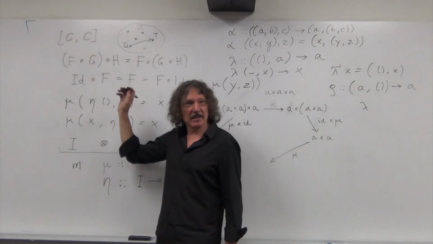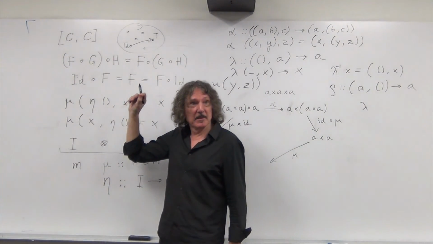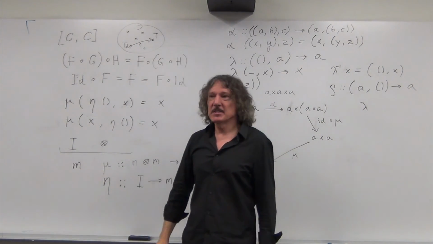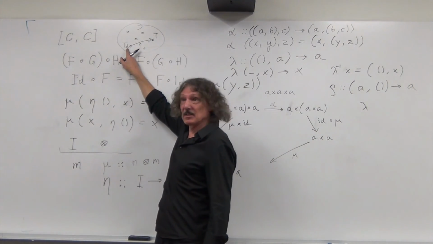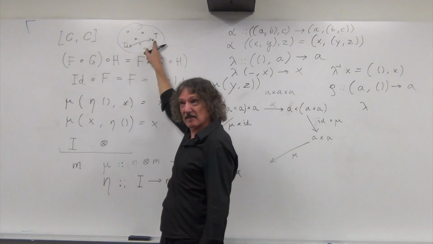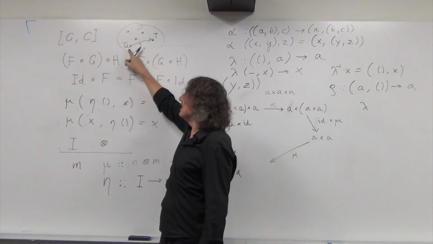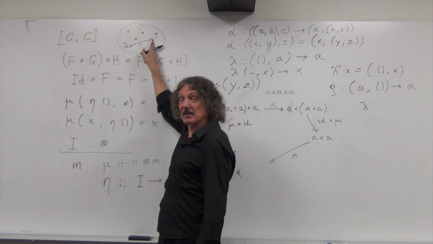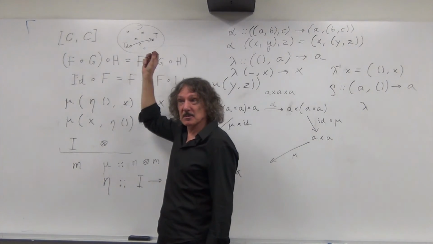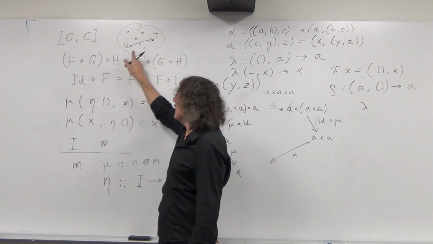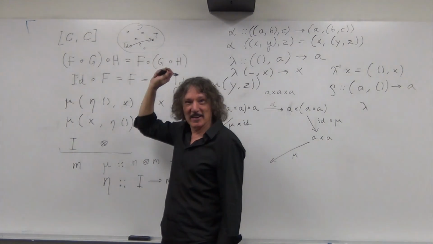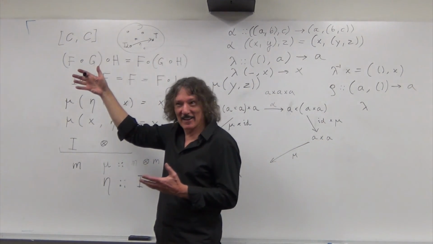Right? In order to form a monoid, we have to define this eta, which is a morphism from the unit object to our monoidal object. But now these objects here are endofunctors. So a morphism between endofunctors is a natural transformation. So eta here is a natural transformation from ID to T, right? That was our return.